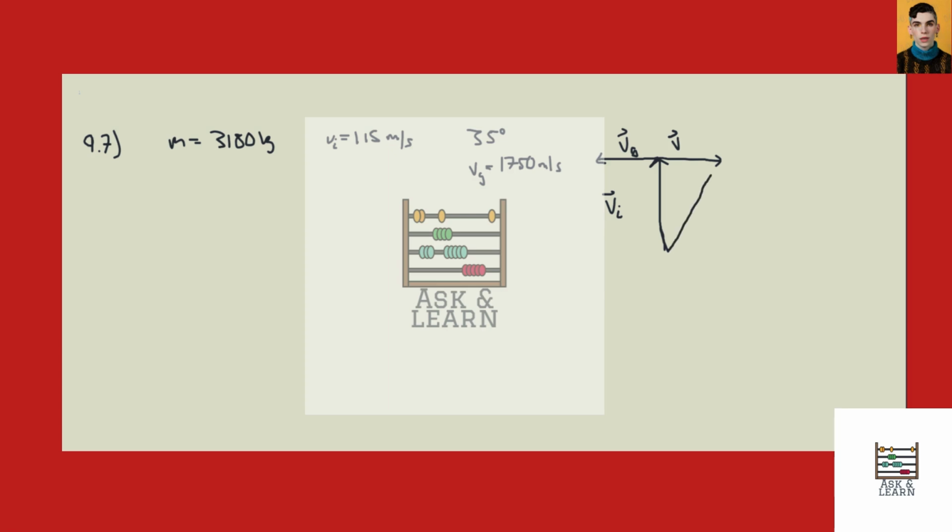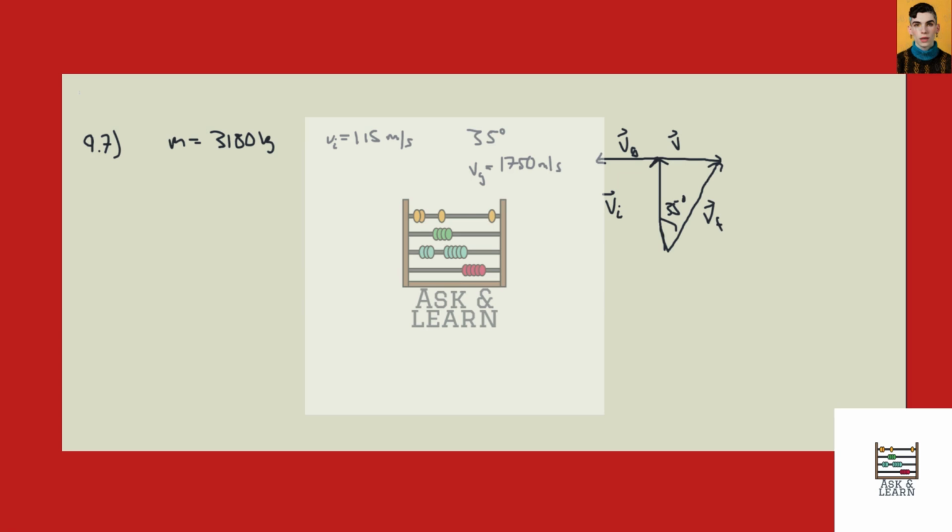So the final velocity is going to be the addition of these two vectors, and this angle right here is what we want to be 35 degrees. Okay, so that's kind of what's going on here.